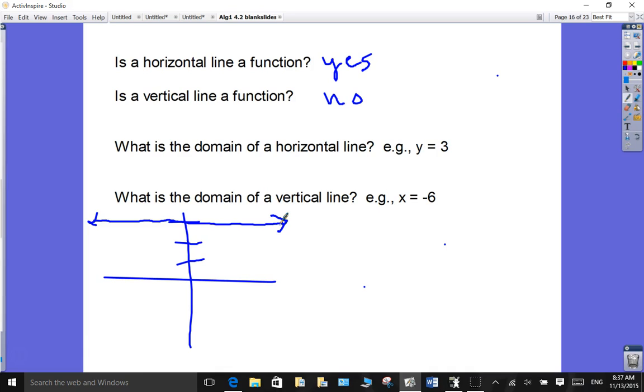Is there a limit to how many x values are on that line? No, it's infinite. So just like when we were solving inequalities, even when we solved equations, there were times when the solution was all real numbers. So the domain here is all real numbers.